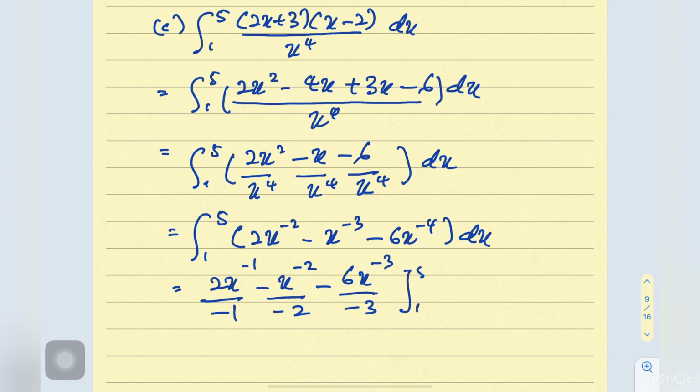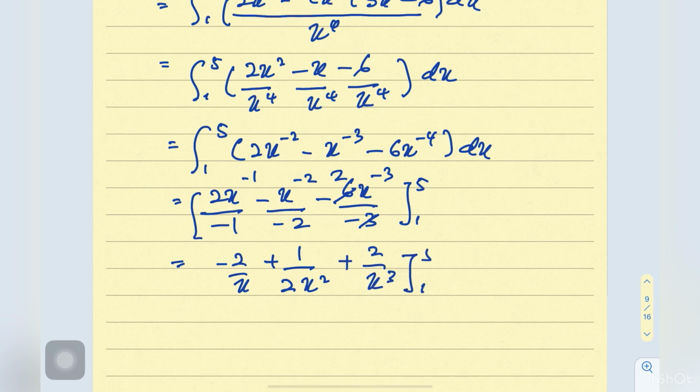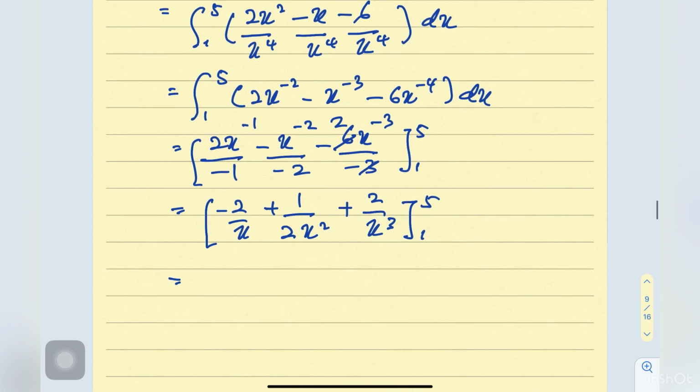Please be careful. This one we simplify. Here we have negative 2 over x plus 1 over 2x squared plus 2 over x cubed. So substitute the upper boundary.